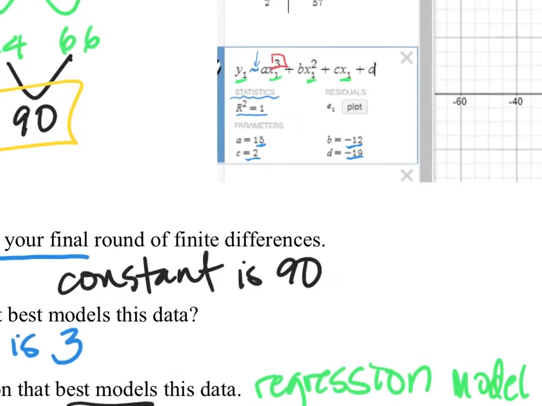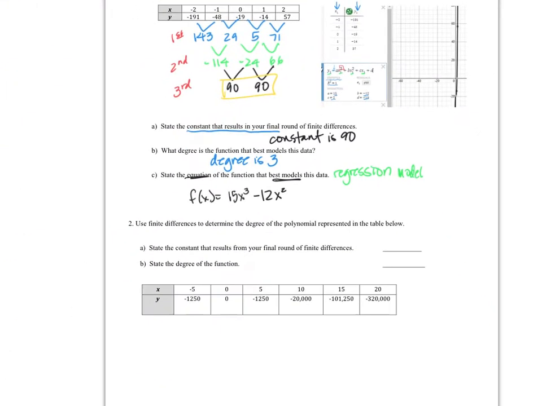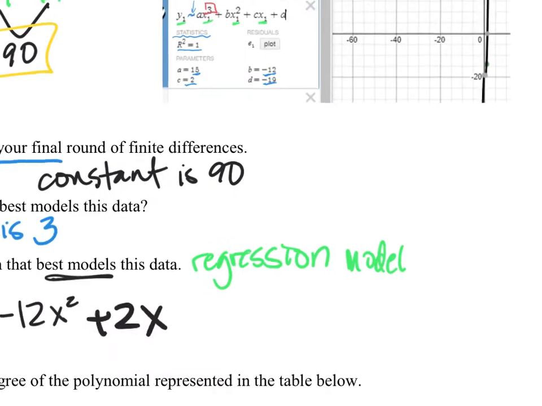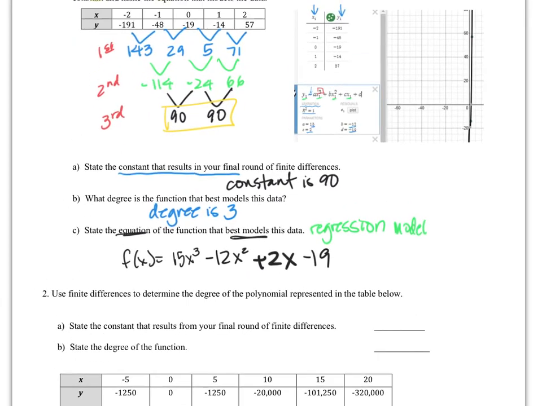The B was negative 12, so negative 12x squared. Our C was a 2, so that's going to be our 2x. And the D, our constant, is a negative 19. All right, so that's number 1 with a little review from Desmos.